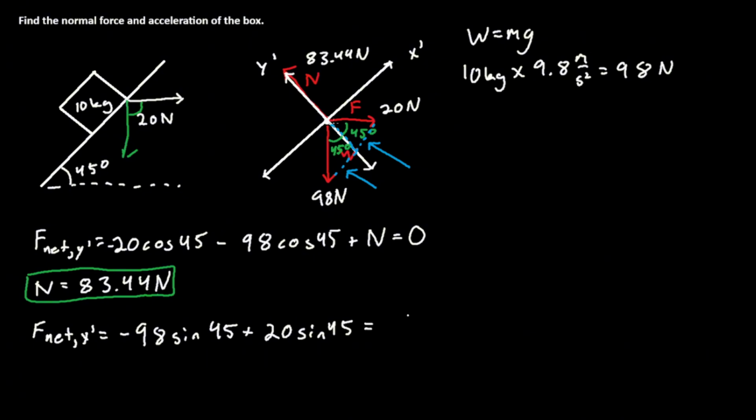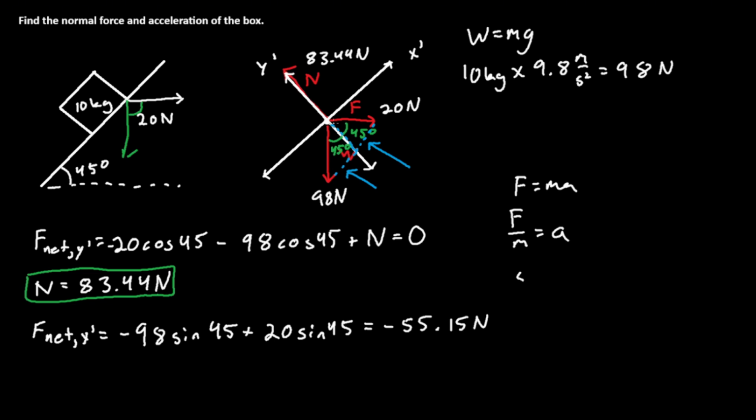If we were to solve for both of these, all you get is a force of negative 55.15 newtons, which means that the total net force is going in this direction here, the negative x prime direction. So all I have to do, F equals ma, divide force by mass, and you get acceleration.